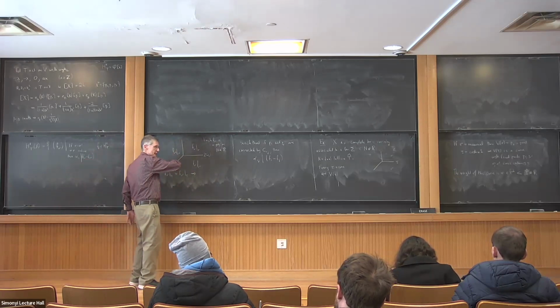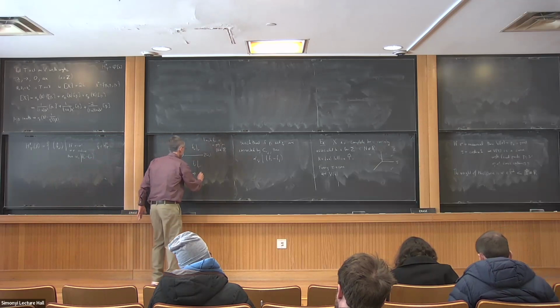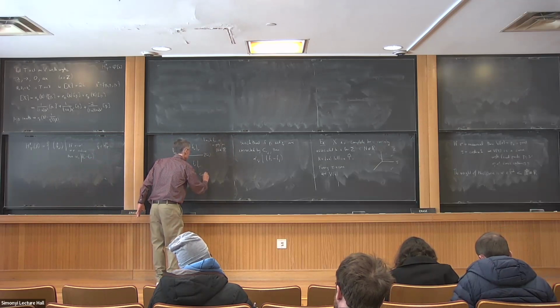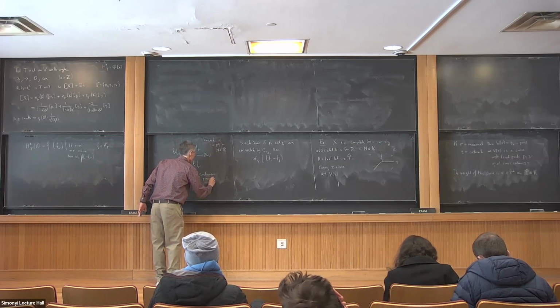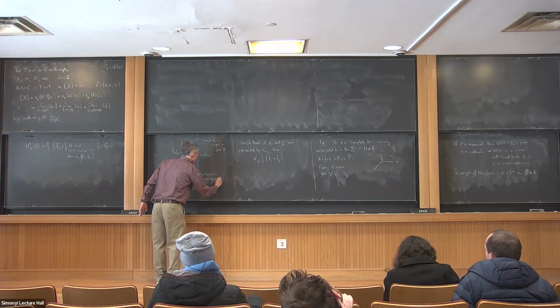It's polynomial on each of these regions here, and it's continuous. So I get a continuous piecewise polynomial function.